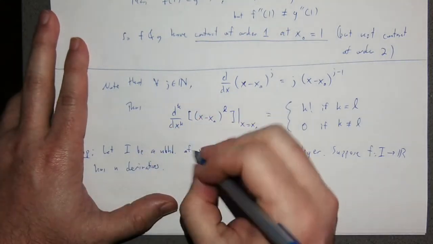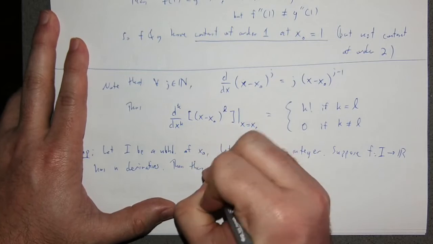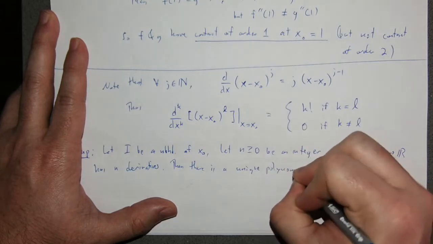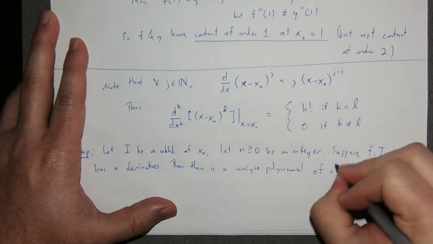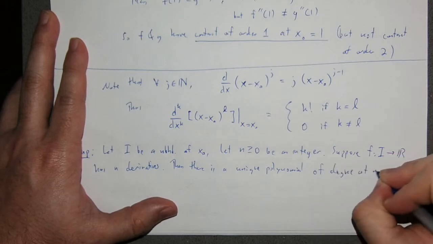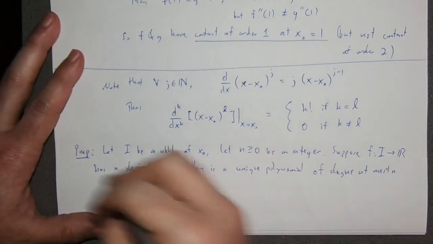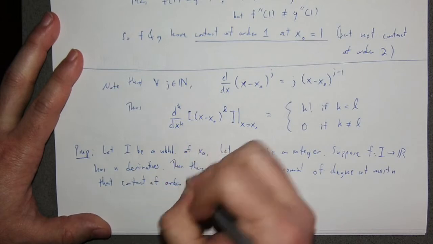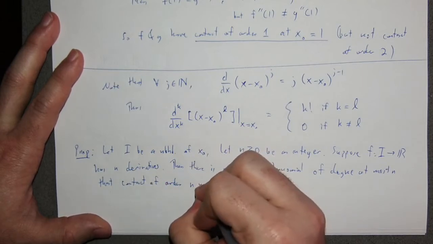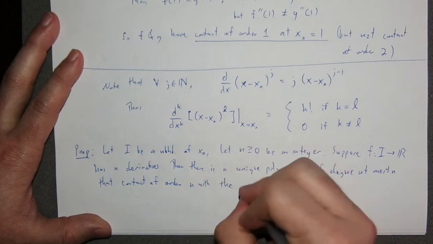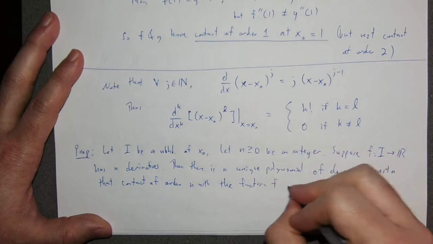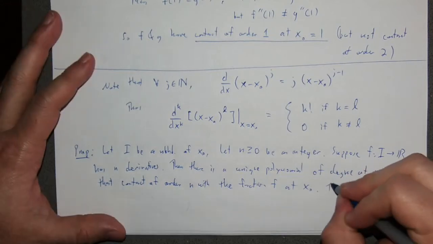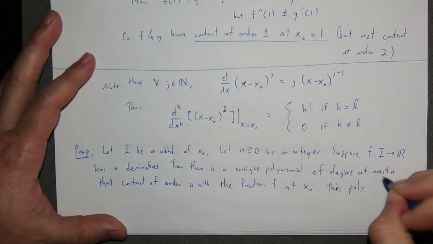Then there is a unique polynomial of degree at most n that has contact of order n with the function f at x naught. And this polynomial is defined by the following formula.